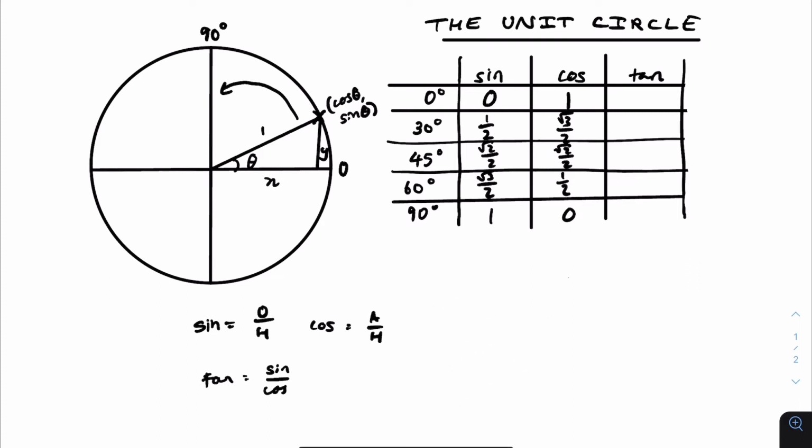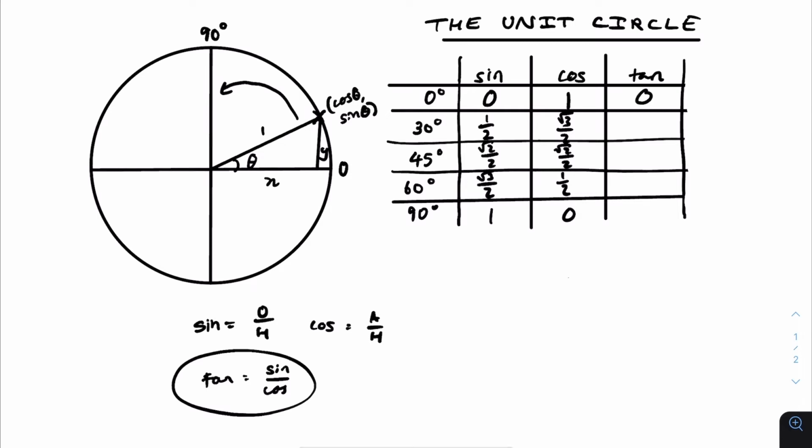So this is something that's really important to consider. We can find tangent of these values using just the triangles that were given, but let's do it using sine over cosine. So in this case, tan of 0 is sine over cos, and since sine is 0, 0 divided by anything except for 0 is going to be 0.